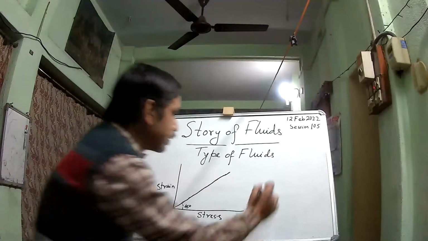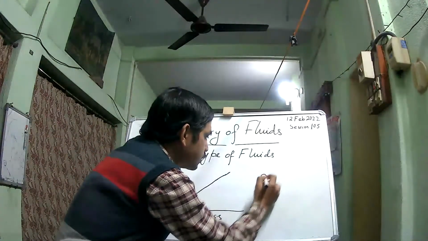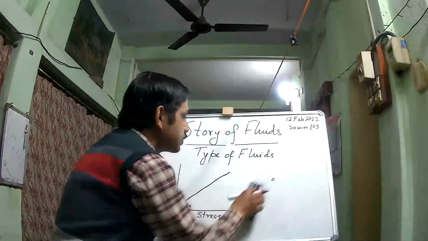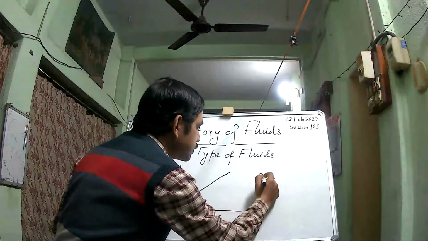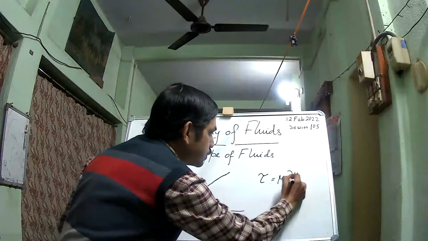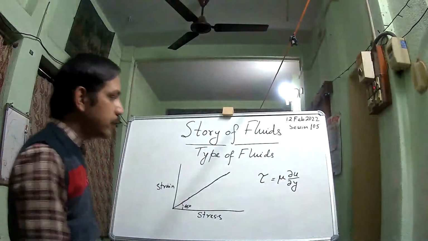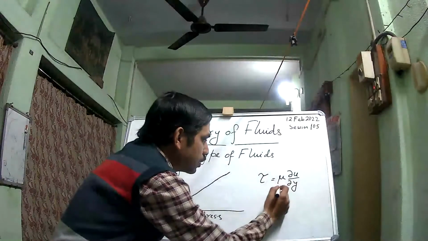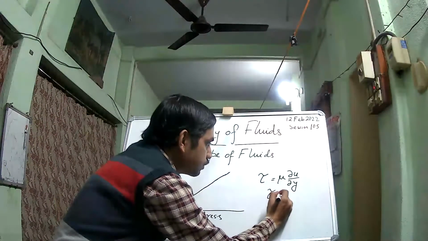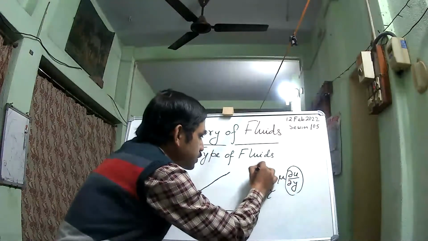So we know the stress, tau, over del y. So if this is proper, that might be 1. So we can relate this: this is strain basically, and this is stress.